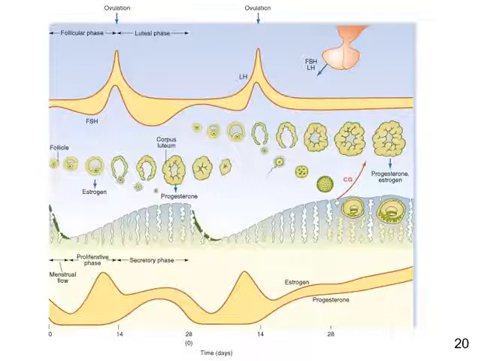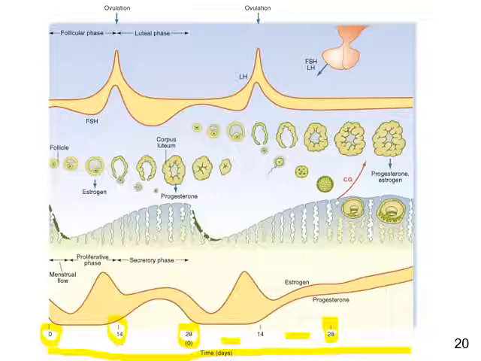Now let's summarize with a slide that encapsulates many of the changes we've been talking about. So this is a slide that looks at time across the x-axis from the beginning of the follicular phase to ovulation to the end of the luteal phase of one cycle that did not result in a pregnancy, and then a second follicular phase and a second luteal phase in a situation that does result in a pregnancy.